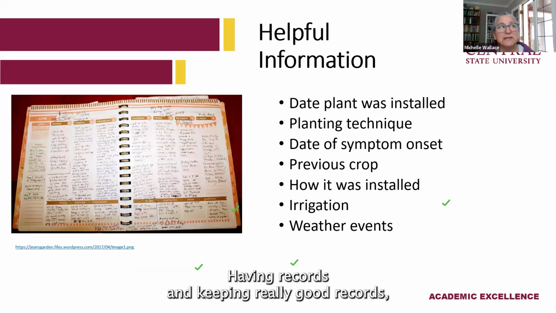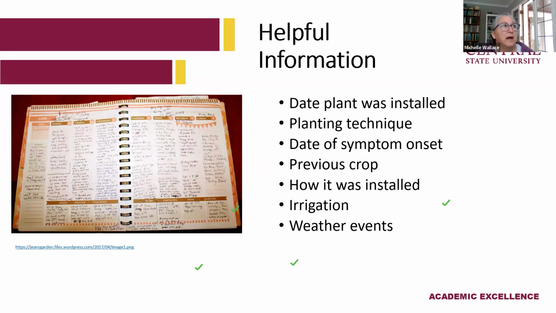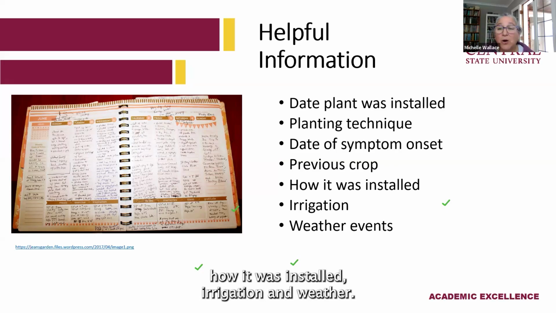Having records and keeping really good records will help you figure out what the problem is. Make sure that you log dates, information about previous crops, how it was installed, irrigation, weather.